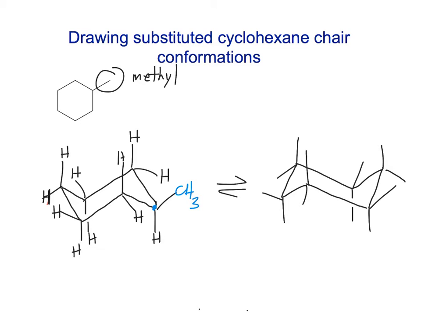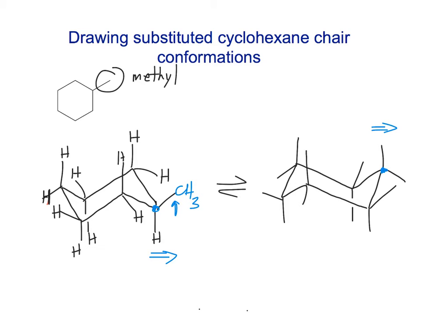So now one thing to remember, notice where we put the methyl group before, that is the carbon that's furthest to the right in that chair structure on the left. So that position, if we draw our ring right, is going to be the furthest to the right in the other structure. So that carbon is going to be this carbon as well. Notice that the methyl group is on a bond that points up, and it's going to remain up in our structure on the right.